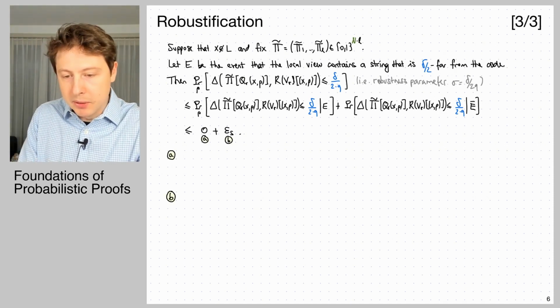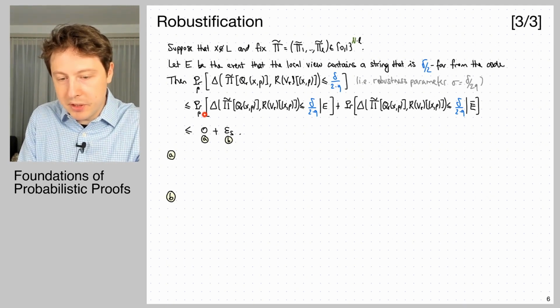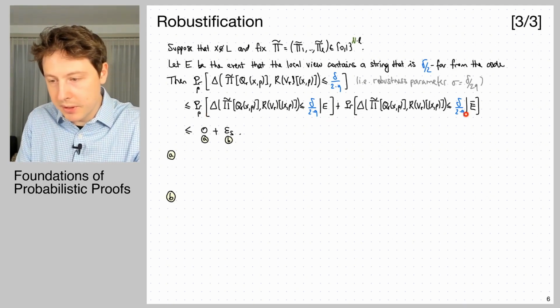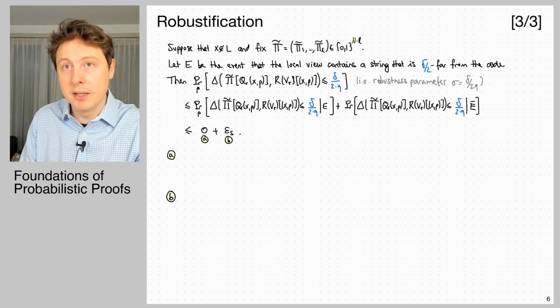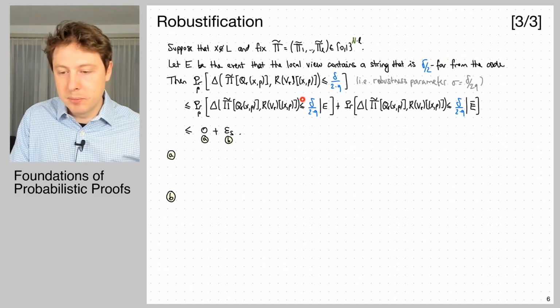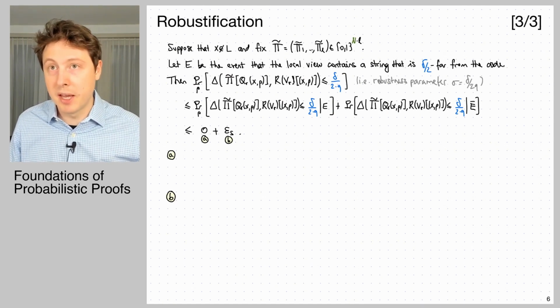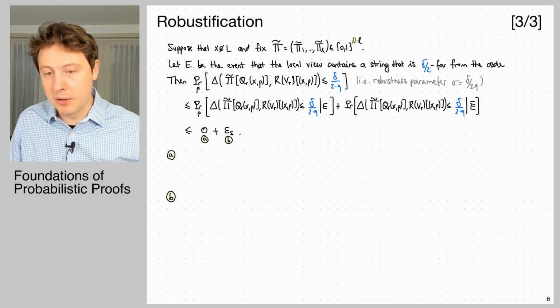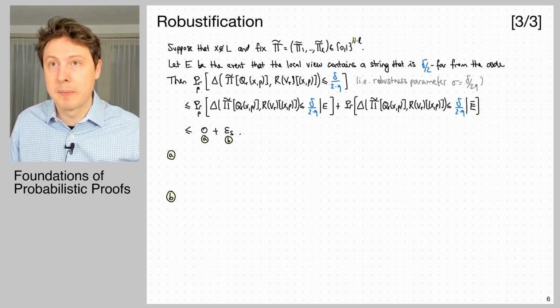Now I want to argue that the first term is 0 and the other term is epsilon s. Why? Because we wanted to argue that this probability is at most the soundness error for the robustness, which on the prior slide I was claiming was epsilon s.